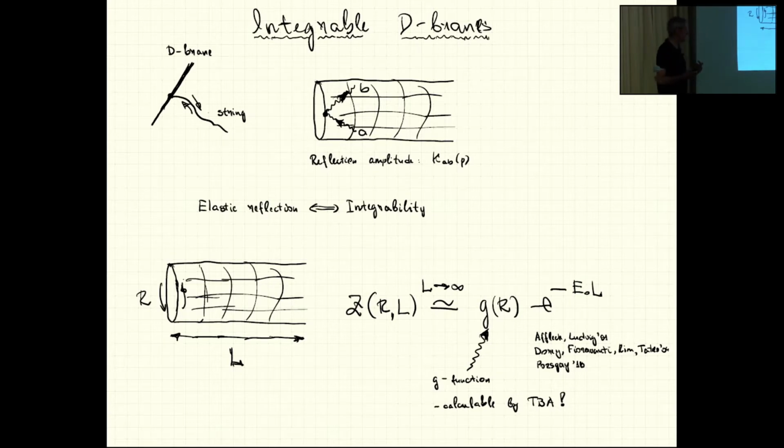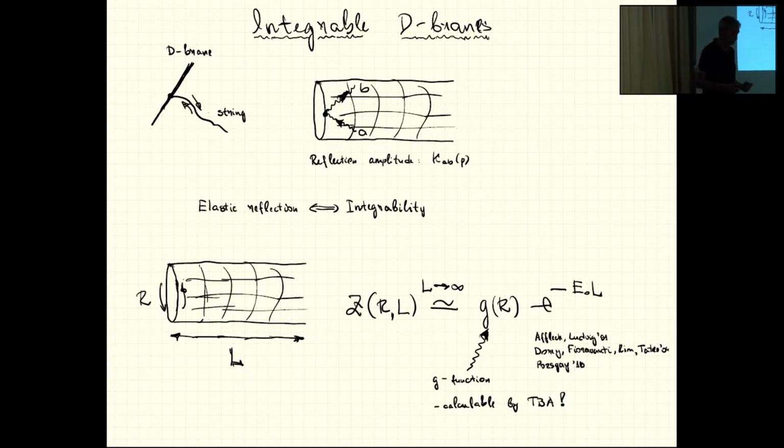But if integrability is preserved, the scattering is elastic, and moreover, for integrability to work, it has to be consistent with the bulk scattering. So the reflection off the brane should satisfy certain conditions that express consistency with the bulk scattering of excitations of the string.